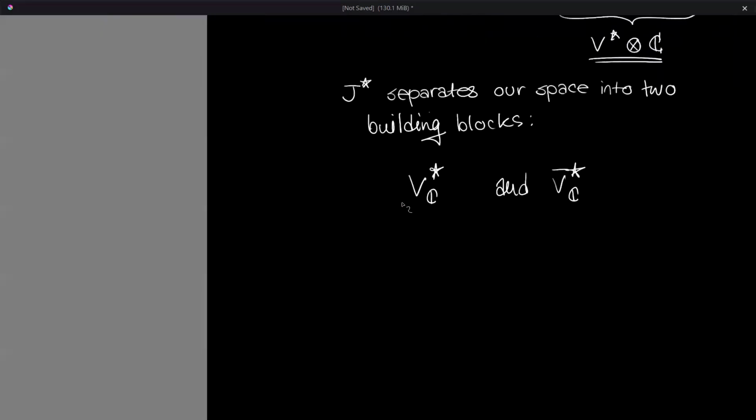And the elements of these, so what are these spaces? This is the space of elements where if you apply J star on an element from here, then you get plus i times V. So this is the eigenspace of J star that corresponds to the eigenvalue plus i. And you can figure out what this one's going to be.